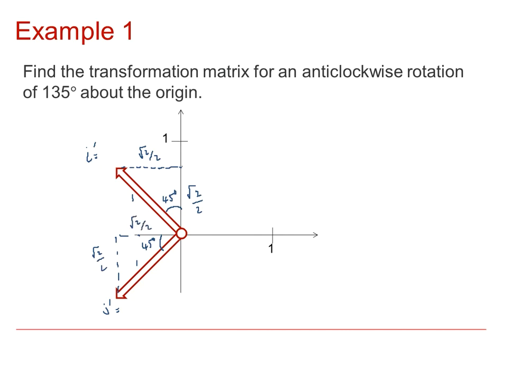Now remembering that some of these are negative values, if we look at i dashed, it has a negative x value, so negative root 2 over 2, and a positive y value, so root 2 over 2 there. And j dashed has a negative x, so negative root 2 over 2, and a negative y, negative root 2 over 2.